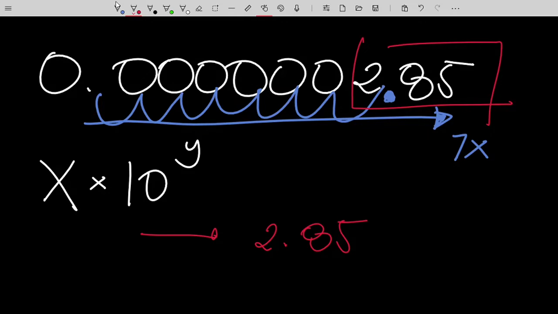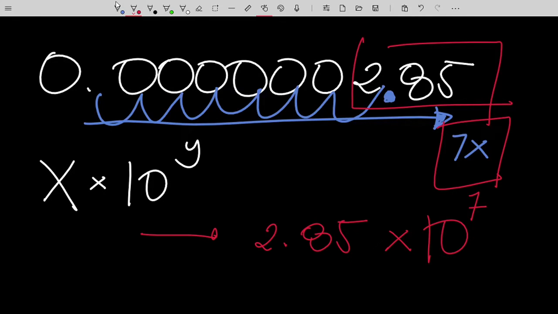Now, again, your decimal point should have at least one non-zero to the left and at least a non-zero number to the right. Next thing to do is to copy the times 10. Then, what will be the value of your y? We move the decimal point 7 times. So, basically, we're just going to have a 7 here.